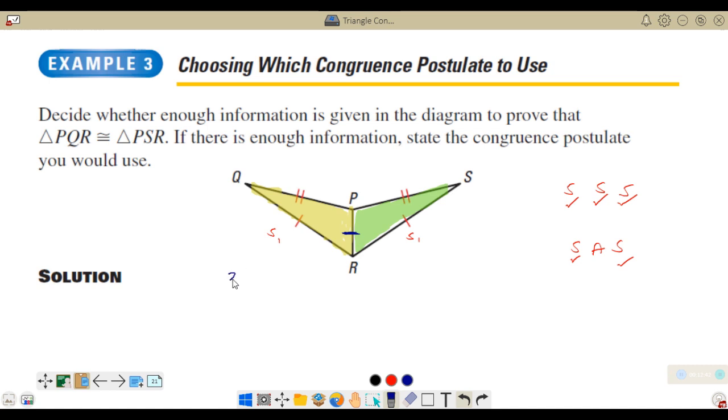Two-column proof, so it's quick. So, let's have here the statements. And then here are the reasons.